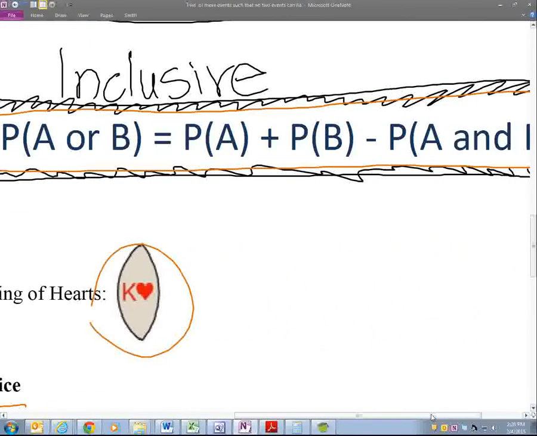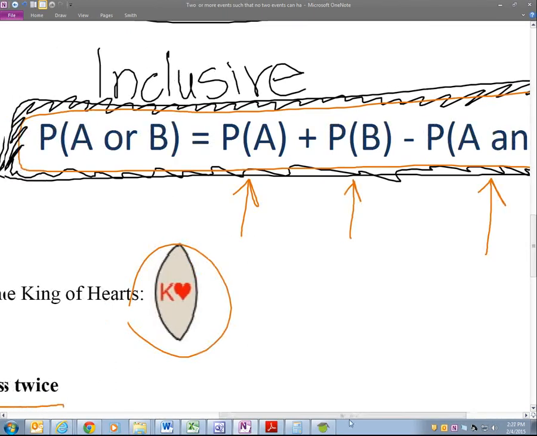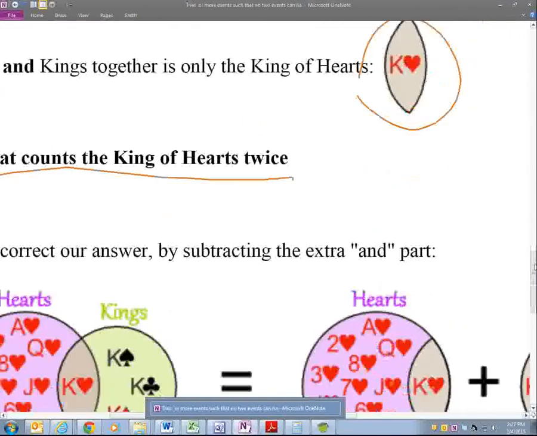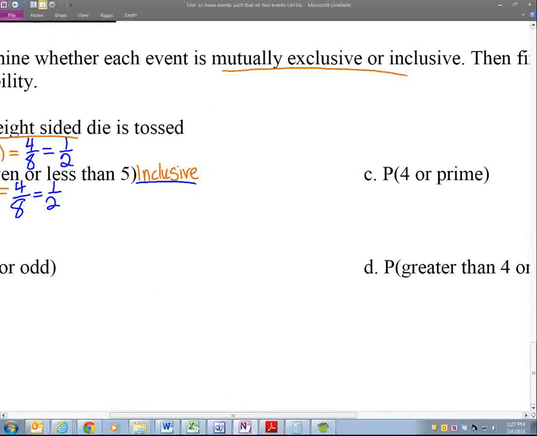Okay, inclusive. I have my A, good, that was the evens. I found my situation B, that was less than 5. Now I need to find what we did last night, the probability of A and B.